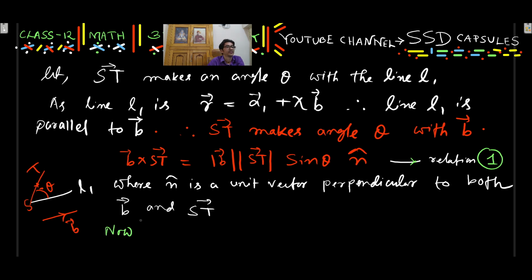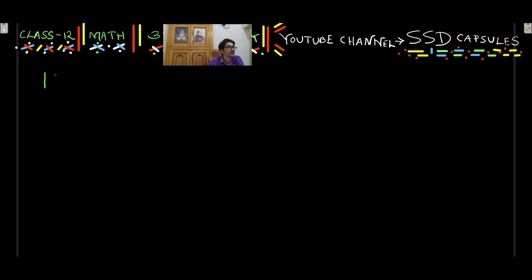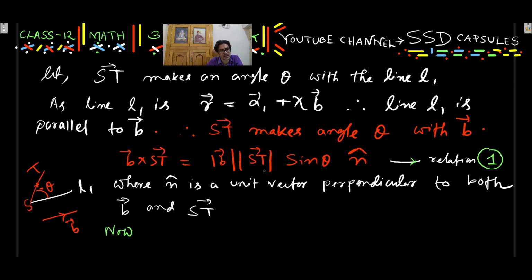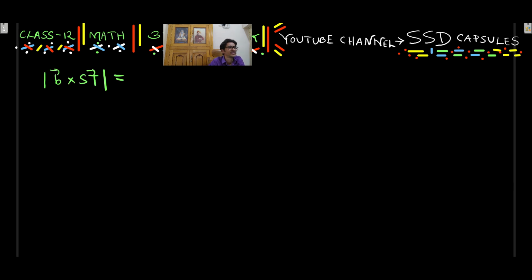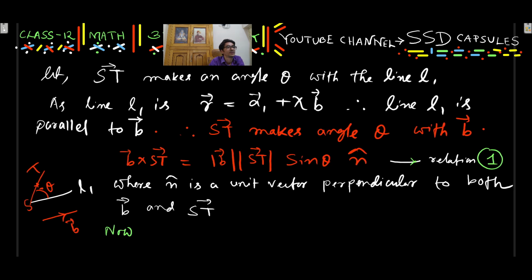Now in the next page we will take the magnitude of B vector cross ST vector equal to what? Magnitude of B vector, magnitude of ST vector will remain same, sin theta, and magnitude of n cap is 1 because n cap is a unit vector. Very simple, nothing is there.